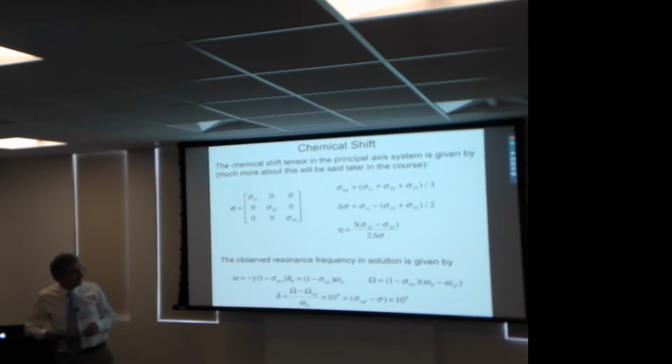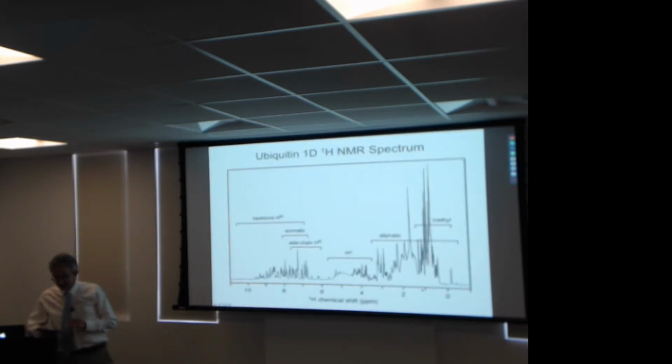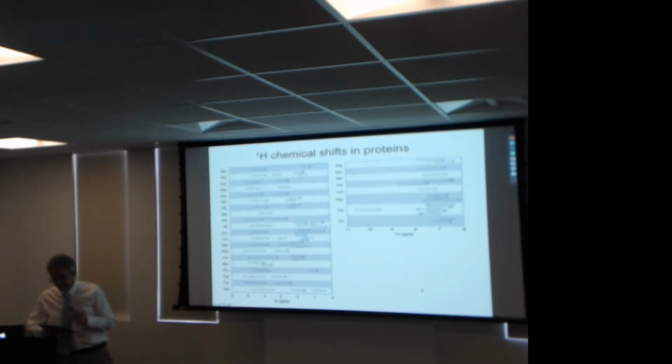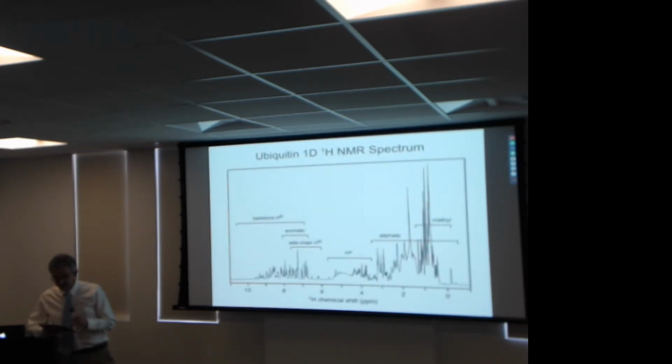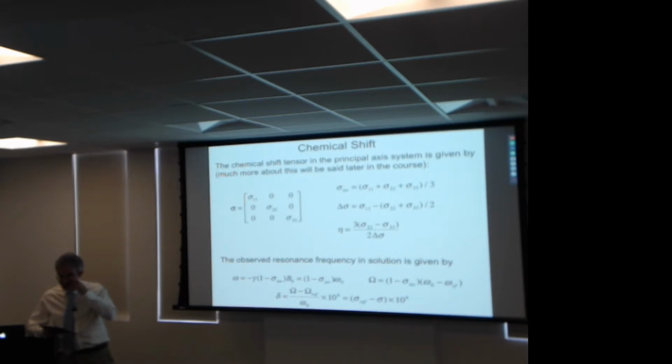So what we really mean by omega then is this little correction factor added in, and then it also turns out that knowing the absolute size of B naught of the magnetic field isn't very easy. So what we normally do is reference spectra. We don't really talk about the absolute number of megahertz.